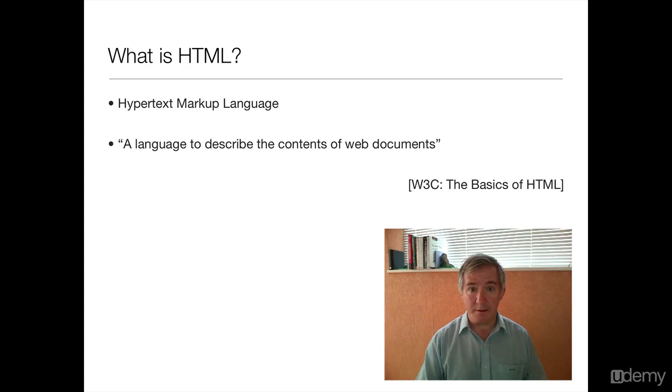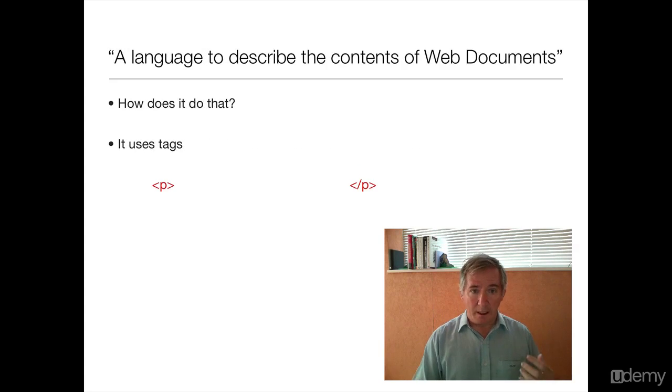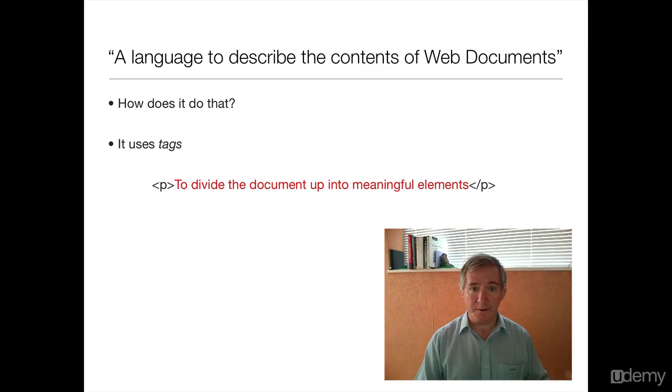And how does it do that? Well, again, it's remarkably simple. It uses tags to divide the document up into meaningful elements. That's two keywords there, and if you've got those two keywords, you've got the basics of HTML. Tags delimit meaningful elements.